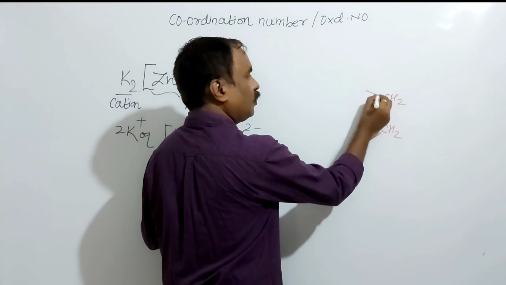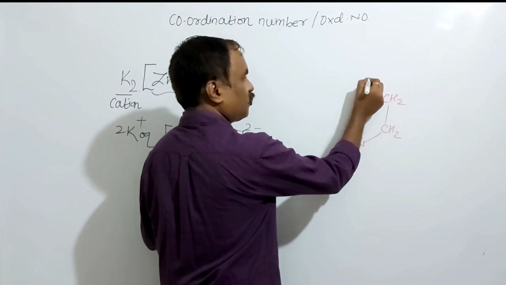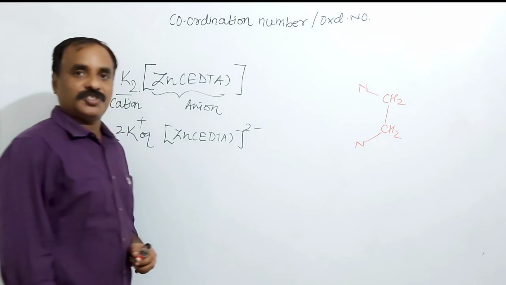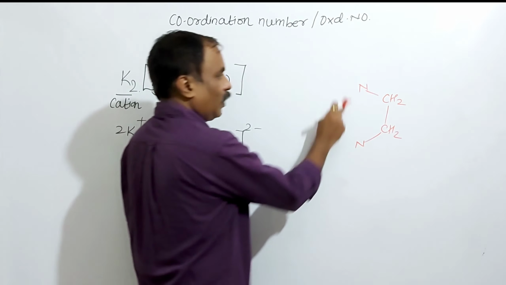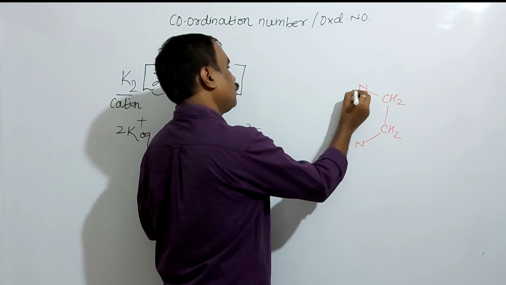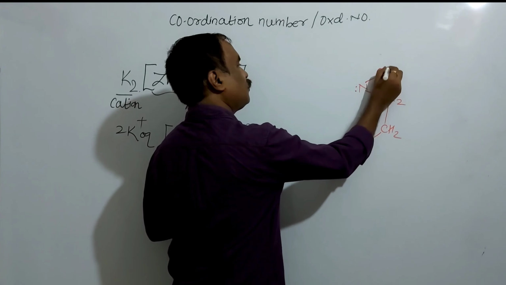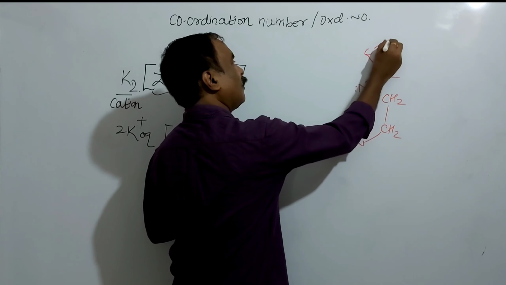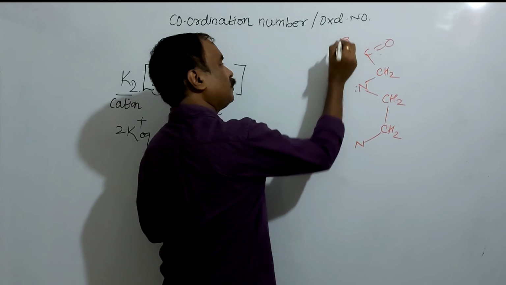Here it is ethylene. Yesterday we have seen in the previous lecture 2 nitrogen atoms having a lone pair of electrons. On this nitrogen, 2 acetate groups are there. Here it is 1.